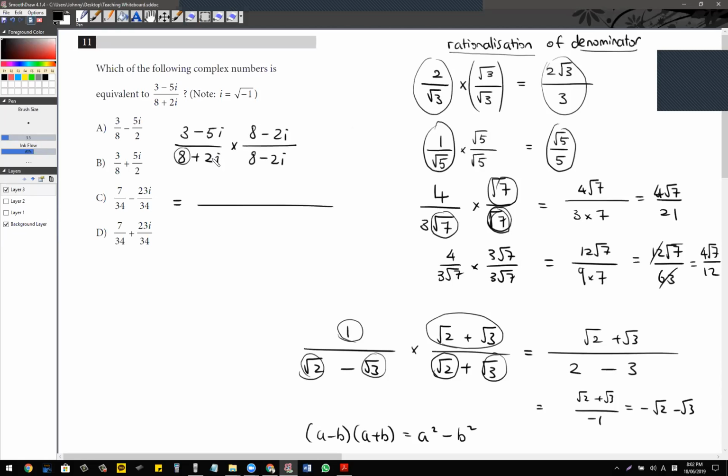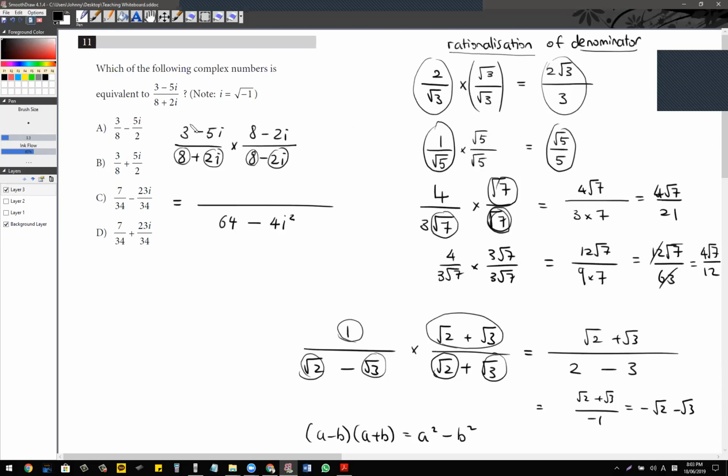You get 8 plus 2i, 8 minus 2i, so 8 squared is 64, and then minus 4i squared. Is that right? Square of that is 4i squared. True? Yeah.